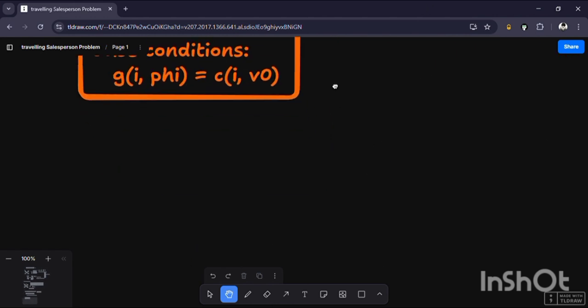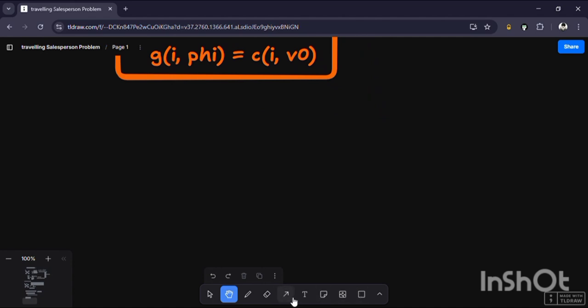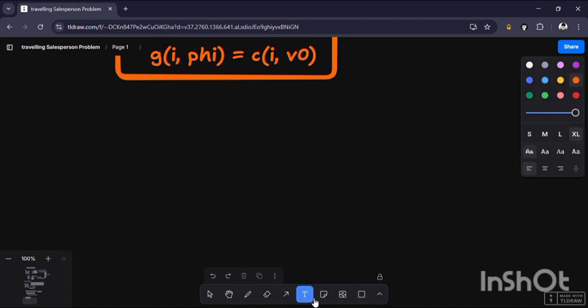Mod S equal to 0 means base condition, so let's find mod S equal to 0 first. Mod S means the cardinality of the set S. So case 1, when mod of S is equal to 0, null set.